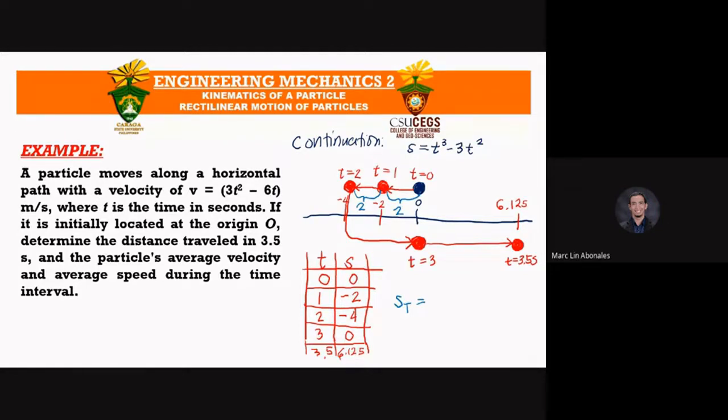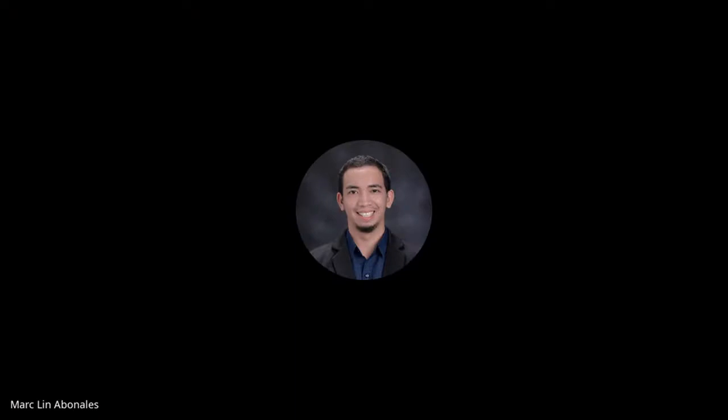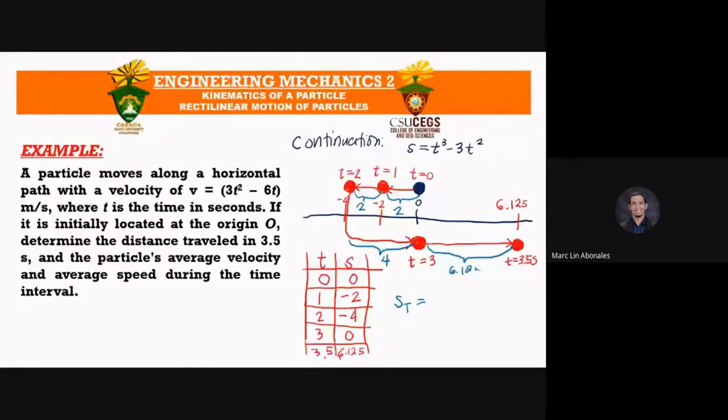Ang atong kailangan is the horizontal distance. So, that would be the 4. Kay 2 plus 2 is 4 man. Then lastly is from the time na 3 to the time na 3.5 seconds, that is 6.125. So, i-sum up lang nato ni 2 plus 2 plus 4 plus 6.125.